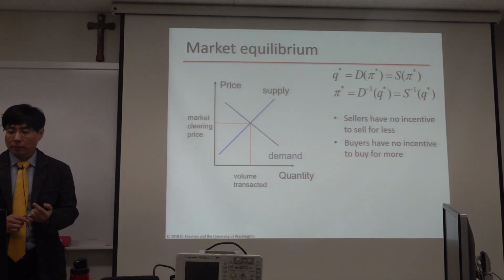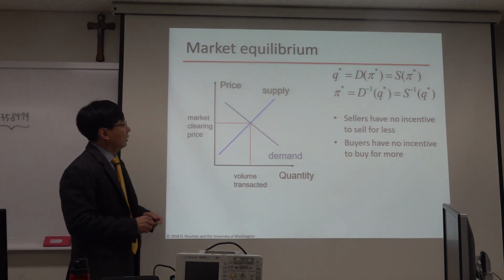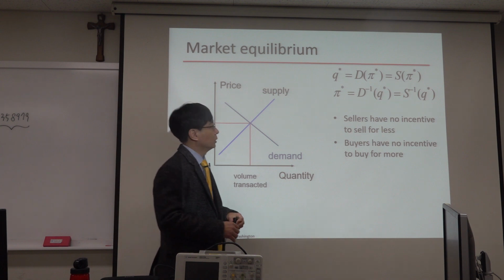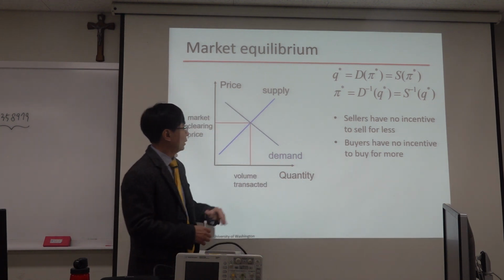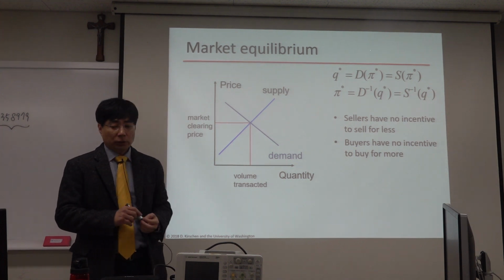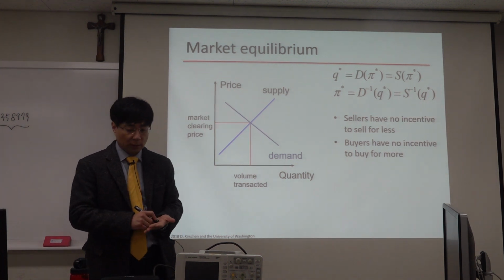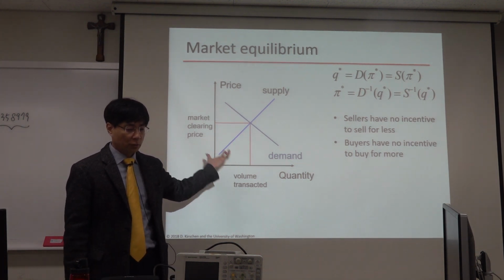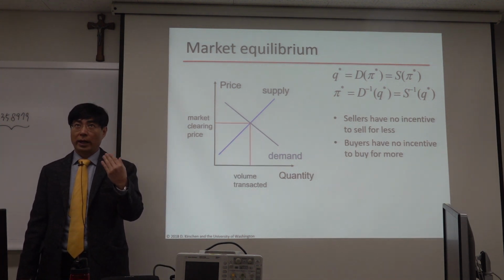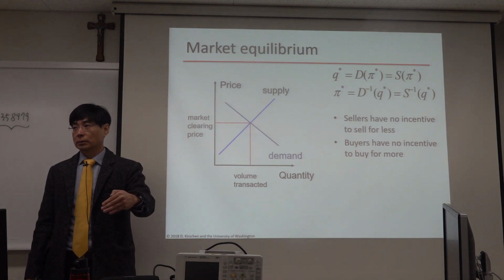So I talked about market equilibrium. And when we have supply function and demand function, it is very easy to compute the market equilibrium point. Just compute the intersection of these two curves. So actually, in microeconomics, conceptually we have these two functions, but in reality, it's not easy to have the demand function.